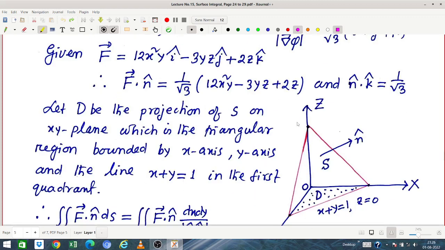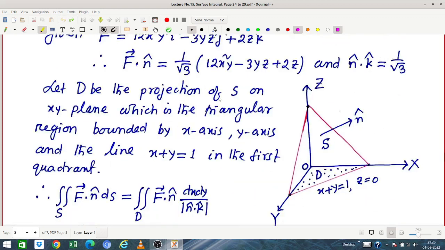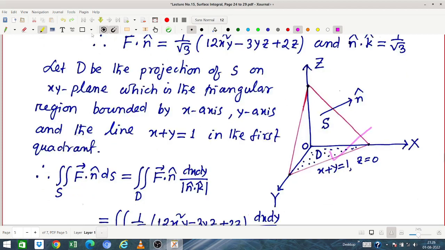Now let D be the projection of the surface S on the xy plane. This is our surface S, an oblique triangular surface on the plane, and if we project it on the xy plane we get another plane region that is also triangular, the triangular region bounded by the x-axis, the y-axis, and the line x plus y equal to 1, because when x plus y plus z equal to 1 meets the xy plane we put z equal to 0 and get x plus y equal to 1.